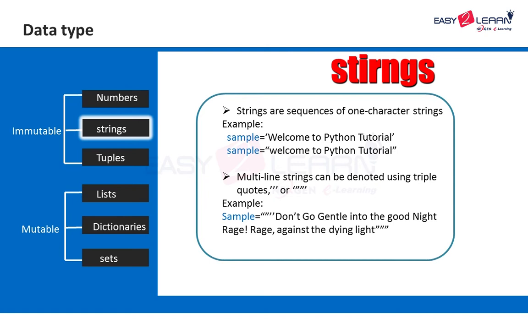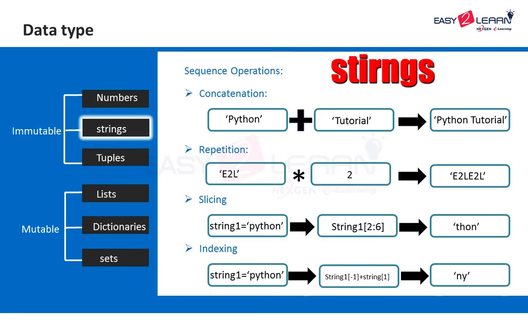So let us move forward and look at some of the operations that we can perform using strings. These are basic sequence operations. One of the most popular is string concatenation. To perform string concatenation, all you need to do is use the plus operator.